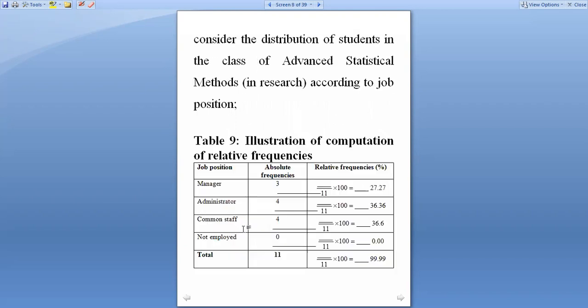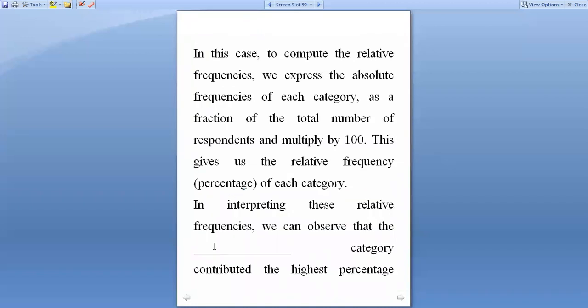Administrator category, let's say the administrator category, because we take them to be the majority.